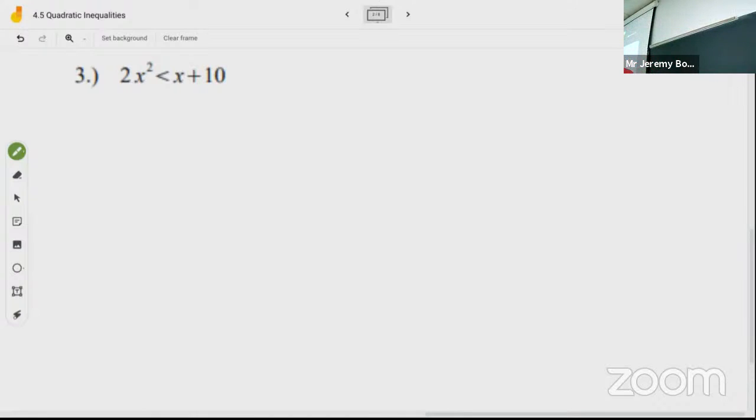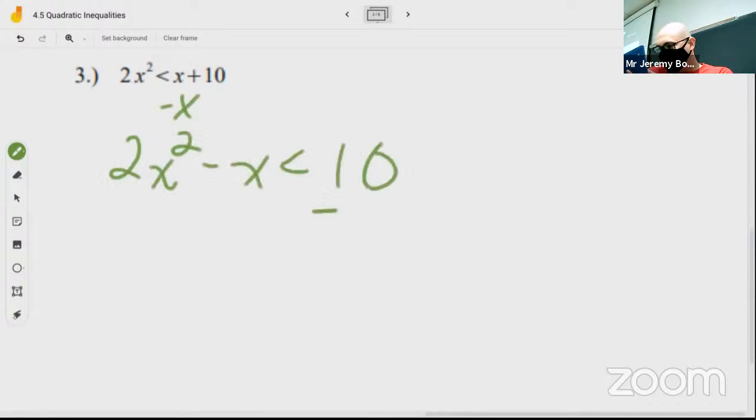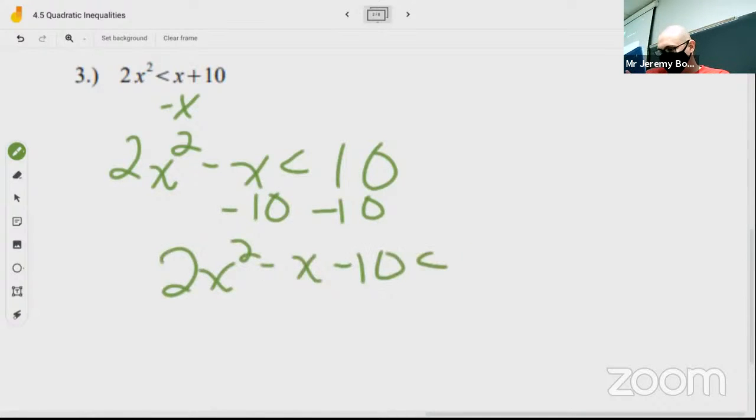I like to keep my values positive, so I'm going to move the x and the 10. So we're going to have 2x squared minus x is less than 10, and then let's subtract the 10 from both sides, and we'll have 2x squared minus x minus 10 is less than 0. So this is where we want to start. It's equivalent to what they gave us before. It's equivalent to their relationship, and so this is where we're going to start.